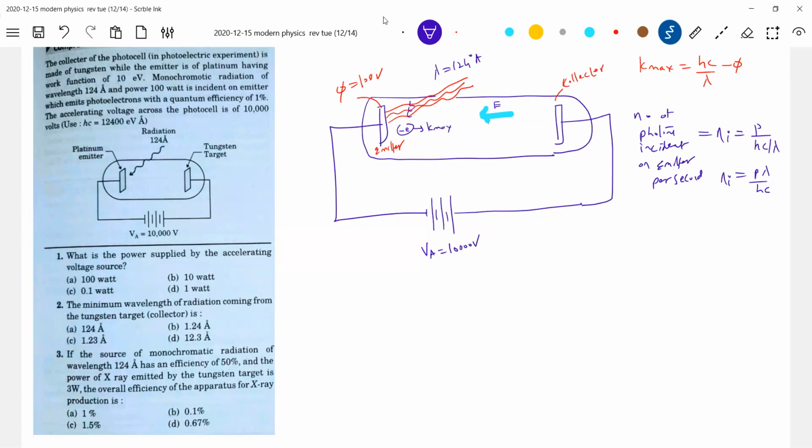So the number of photoelectrons ejected per second is 1% into Ni, that is eta, the quantum efficiency.